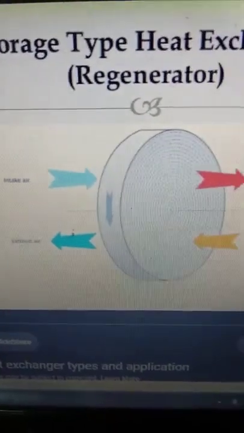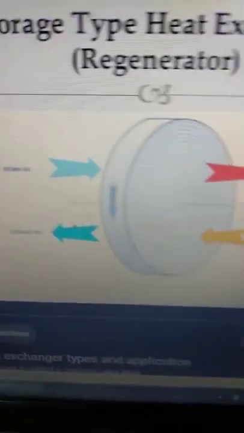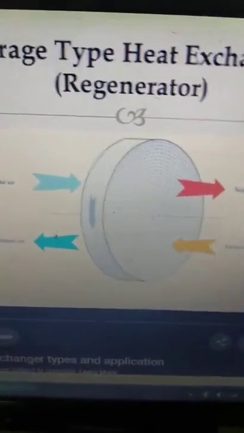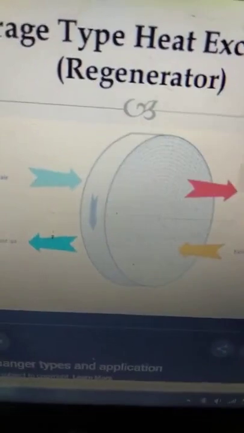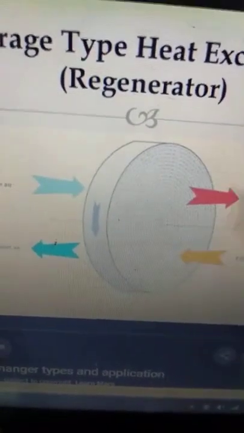So see over here, this is the figure of a static type regenerative heat exchanger. This is the mesh which I was talking about, the ceramic mesh.